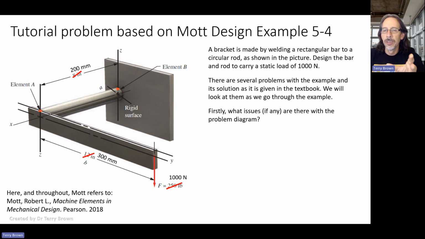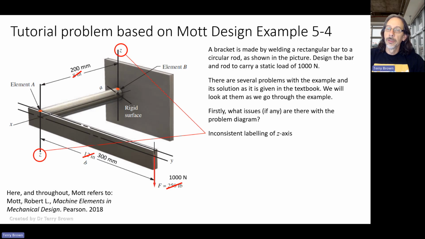It's not a bit of art. It's a way of communicating and conveying information about a mechanical component, machine component, structural component, whatever it is. And someone reading it has to be able to interpret without any ambiguity what it is that you're trying to tell them.